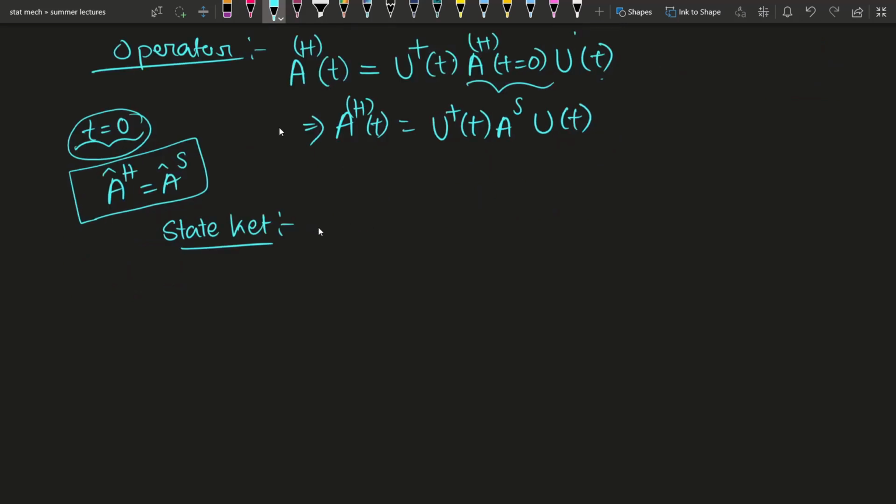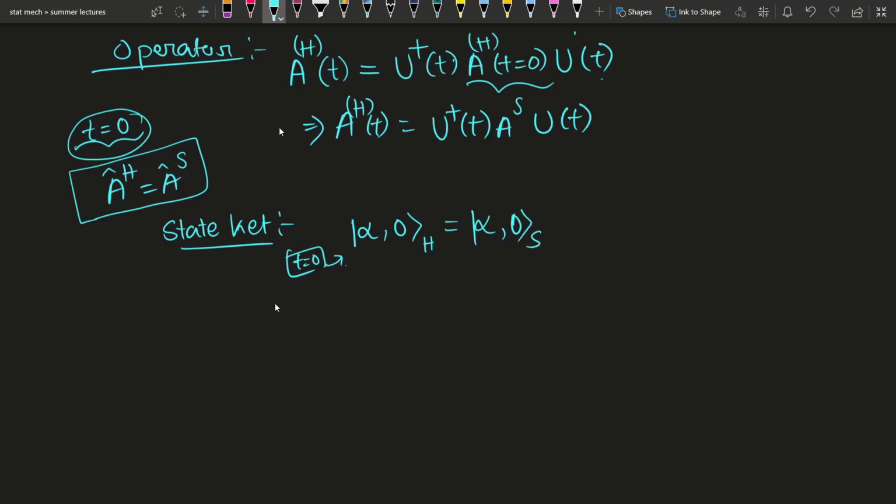Now if we talk about state kets, then at t equals 0 both state kets will coincide, right? That means mathematically alpha at t equals 0 in the Heisenberg picture will be just equal to alpha at t equals 0 in the Schrodinger picture. But after some time, suppose this becomes the state ket after time t, so this will be equal to some unitary operator U acting on alpha at t equals 0 in the Schrodinger picture.